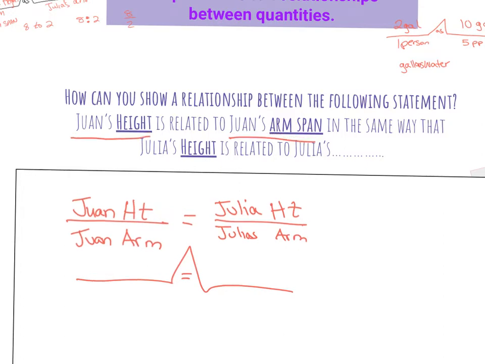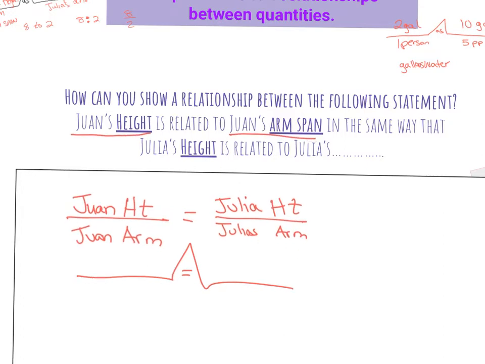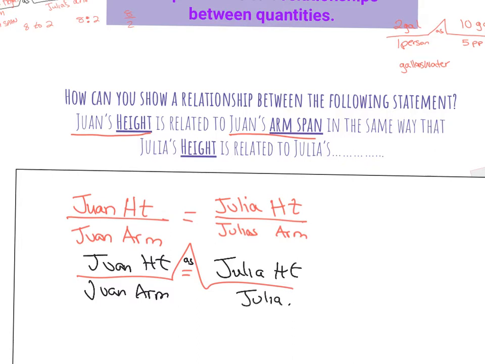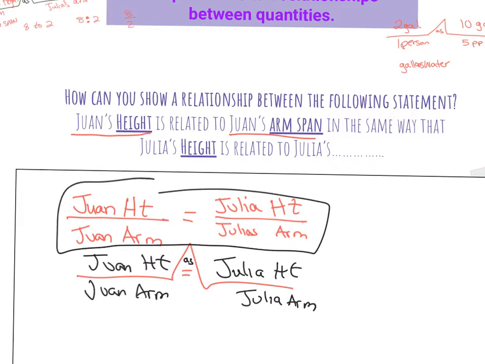So that little bridge map that we use is the same method. Juan's height is to Juan's arm. The equal sign is the same thing as the word as. Julia's height is to Julia's arm. This is the mathematical way of writing it. Now, we can use this bridge map to set up proportions all the time.